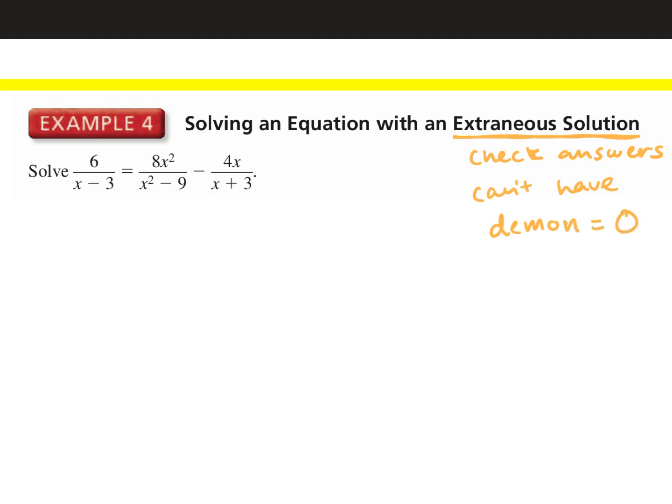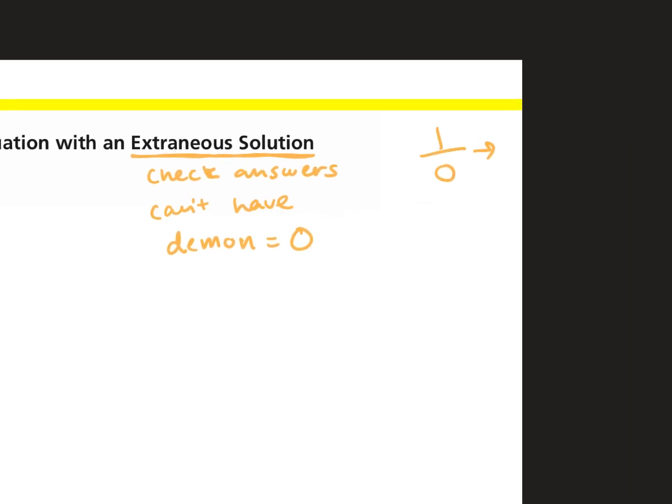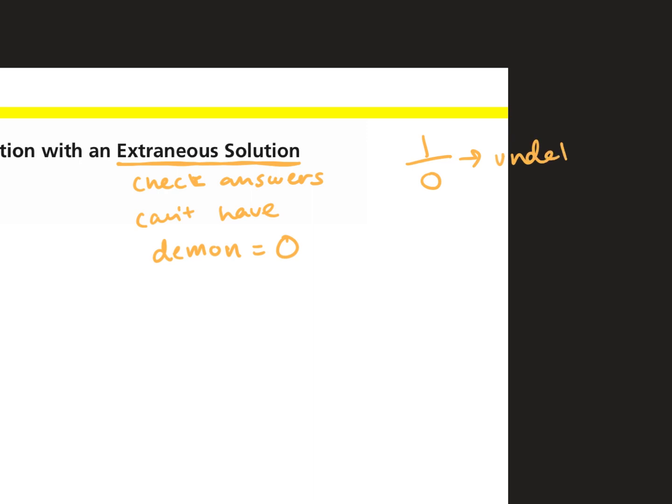Denominator can't be 0. We can't have a fraction that's 1 over 0. This is undefined. So we have to just check and see if we plug our answer back in and it gives us 0 in the denominator, it's not going to work. So we have to check the answers because we can't have the denominator be equal to 0.